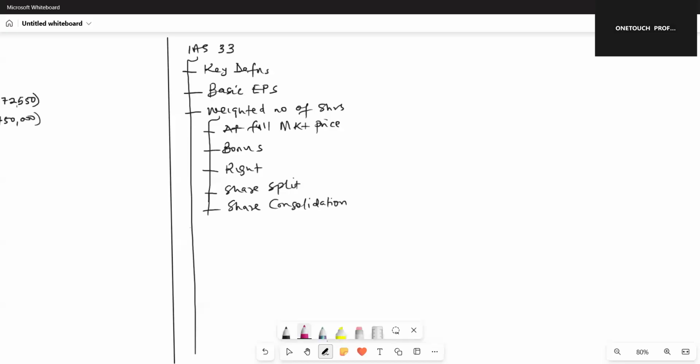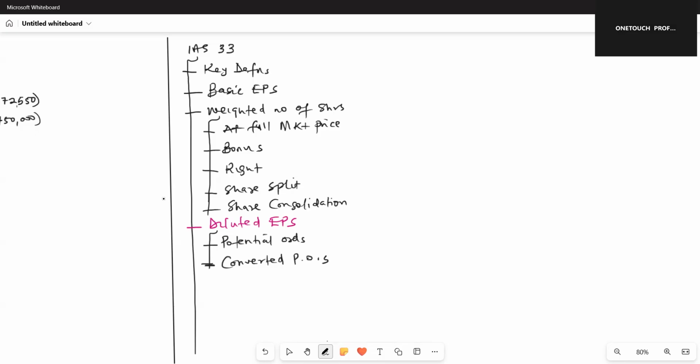Then we now come and concentrate on what you don't like: diluted earnings. You don't like it at all. But I believe that within the 5 days, you will not only like it, you will love it. So we look at potential ordinary shares, converted potential ordinary shares.